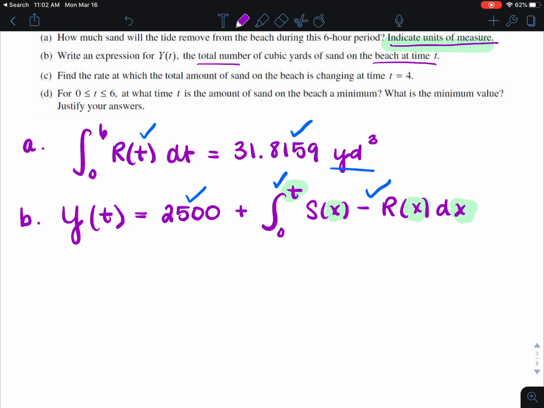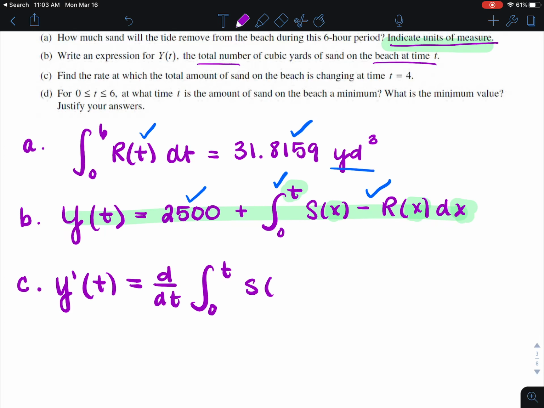All right, part C. Find the rate at which the total amount of sand on the beach is changing at t equals 4. So what we want to do is derive our equation from part B. If we take the derivative of this, we're going to have y prime of t equals, the derivative of a constant is 0, so we don't have to worry about the initial condition, but the derivative of this integral turns out to be just the inside with t plugged in.